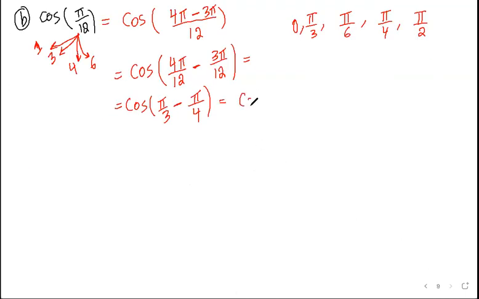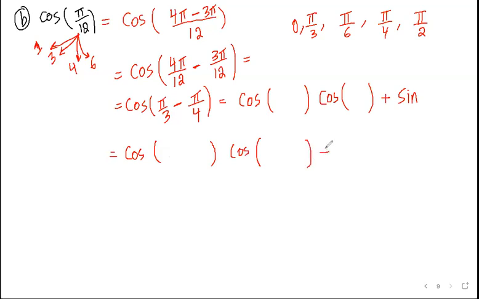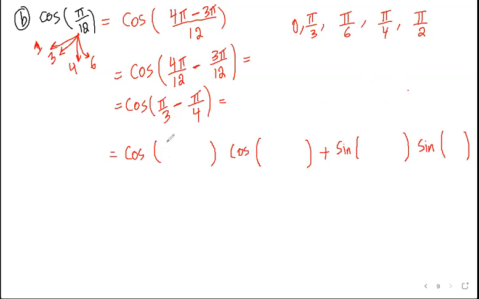So this is equal to cosine of pi over 3 times cosine of pi over 4, plus sine of pi over 3 times sine of pi over 4.